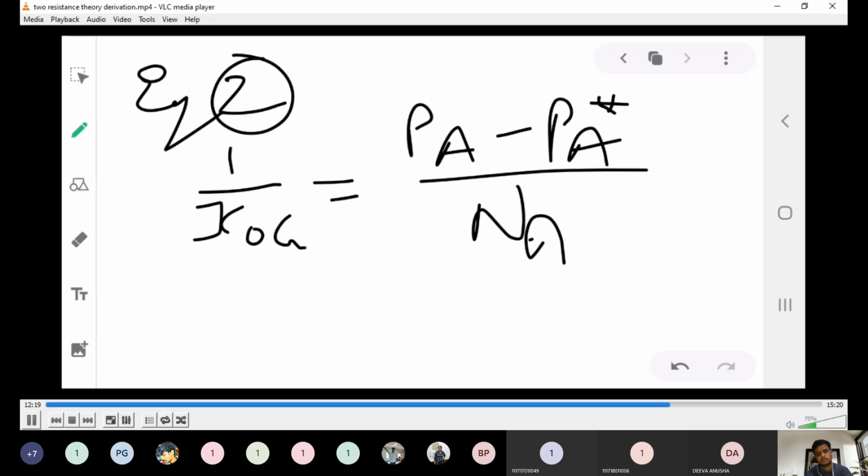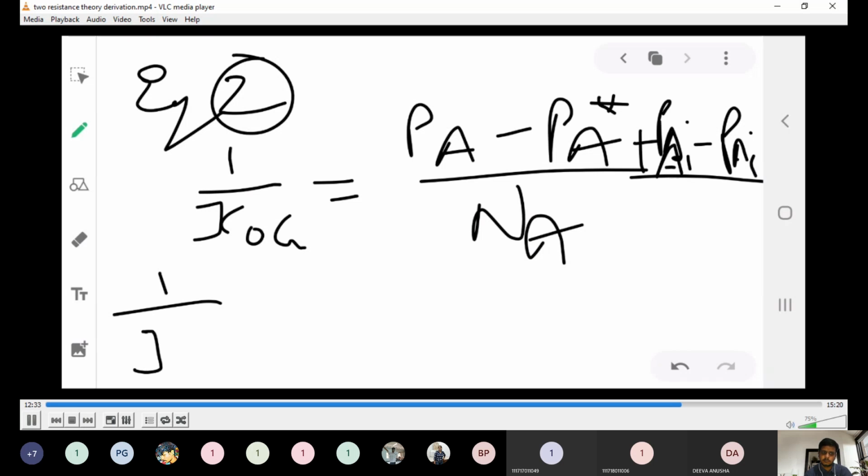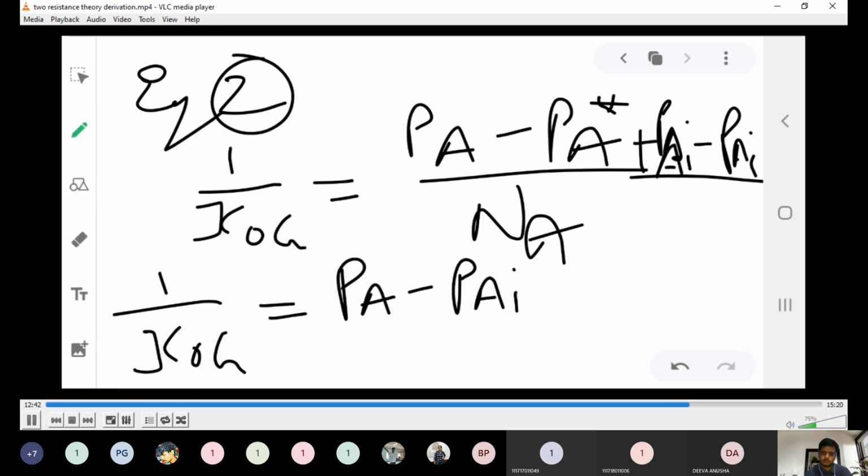To this equation, same operation, plus PAI minus PAI, we have to do the interface concentration, addition and subtraction of interface concentration. Now we have to write the variables like 1 by KOG is equal to now PA minus PAI by NA. We have to divide this overall variable into two different variables. This PA and this minus PAI we have used.